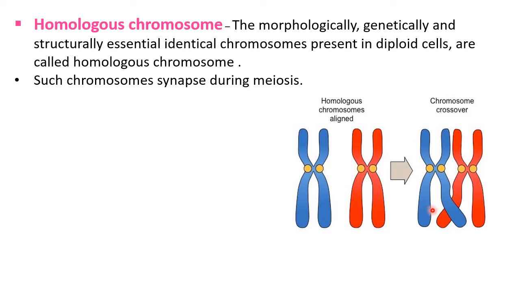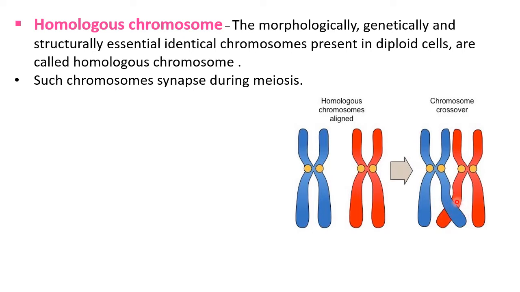Later on, in the next diagram we see the arms or chromatids of both these chromosomes, paternal and maternal, cross with each other. This phenomenon is called crossover or crossing over. And during this crossing over, the exchange of genetic material or genes occurs between the paternal and maternal chromosomes.